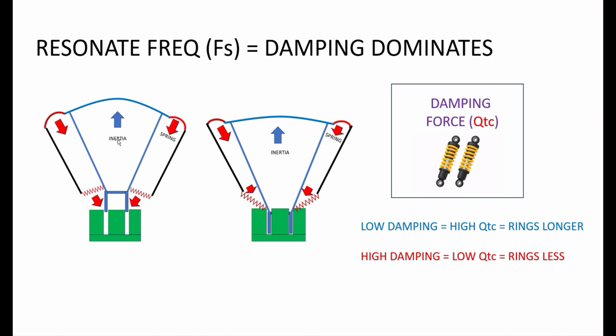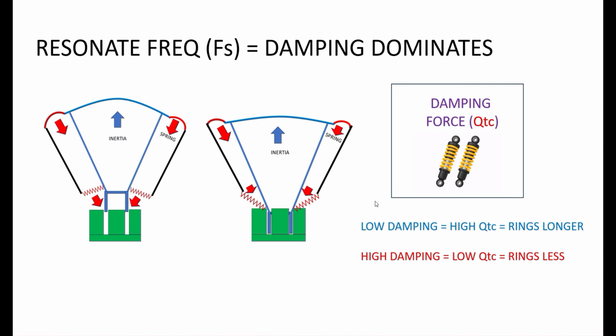So at the resonant frequency, it's going to ring. Whereas if we have high damping, low QTC, it means that we have strong suspension losses and strong back EMF, which means that we have some forces working to slow the cone down, right? So at the FS, this is not going to oscillate as long when we have high damping.